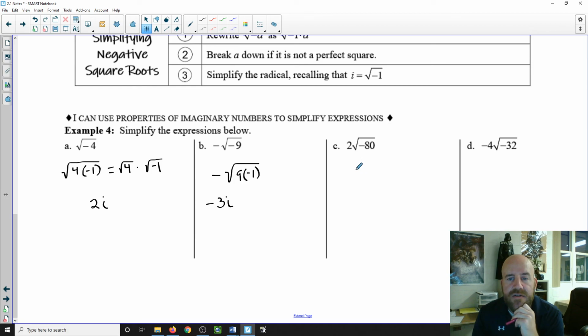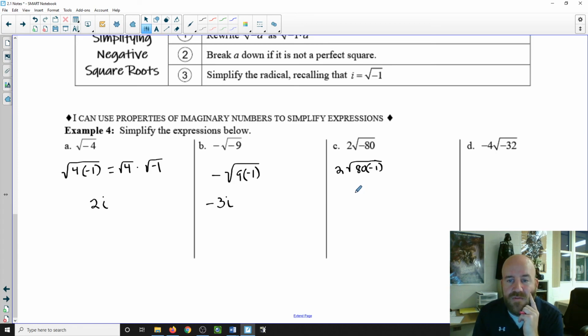Now, 2 times square root of negative 80. So we need to think of something we can split 80 up into. So we know it's 80 times negative 1. Let's think about what we could do with 80. 80 divided by 20 would be 4.